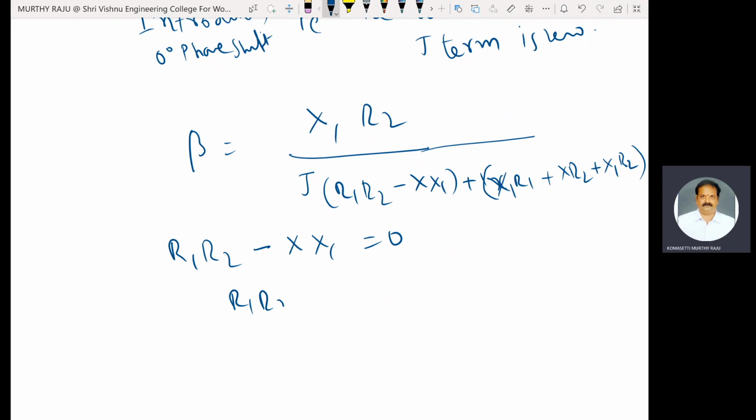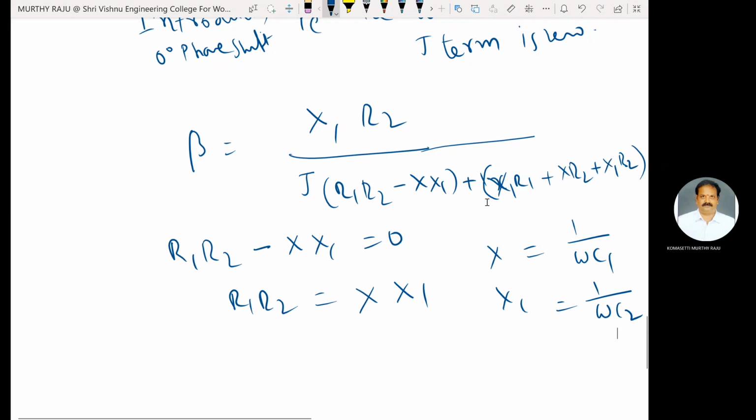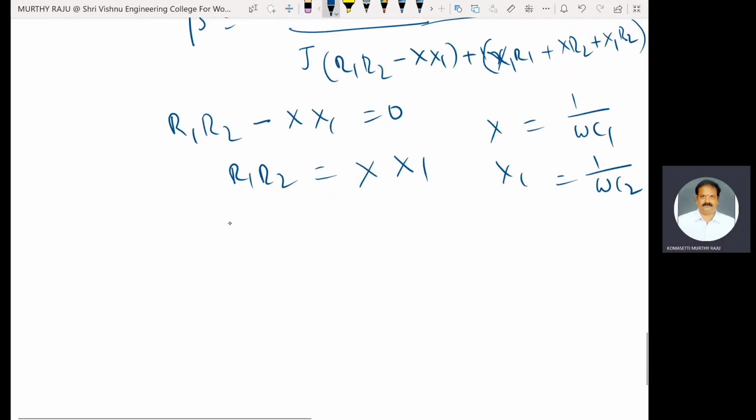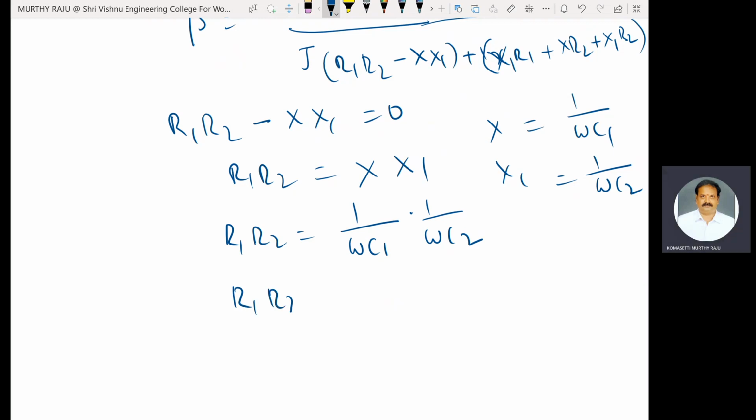R1 R2 is equal to x into x1. We know that x is equal to 1 by omega c1, and x1 is equal to 1 by omega c2. That gives R1 R2 is equal to 1 by omega square c1 c2.